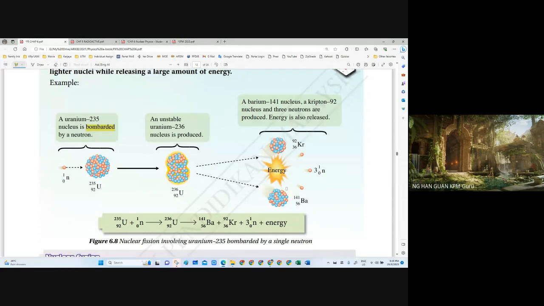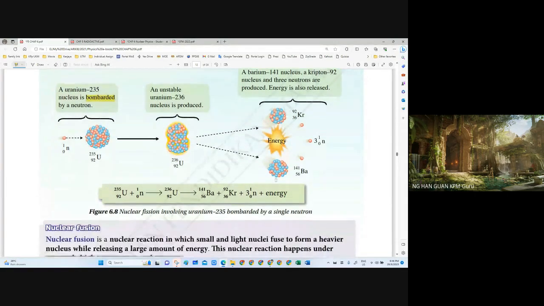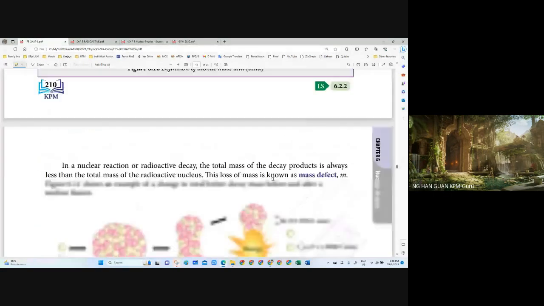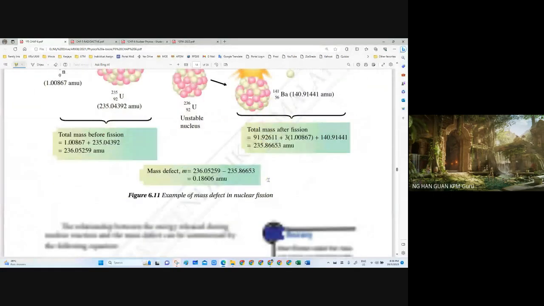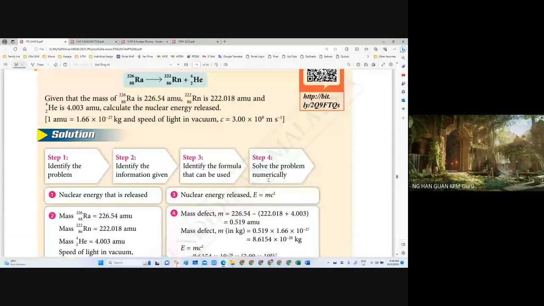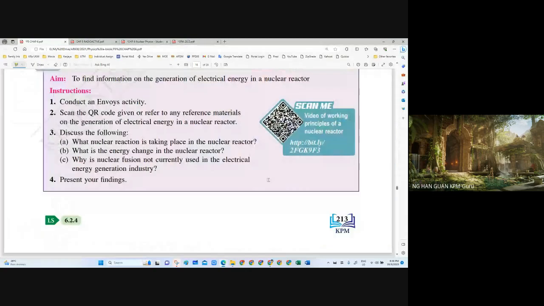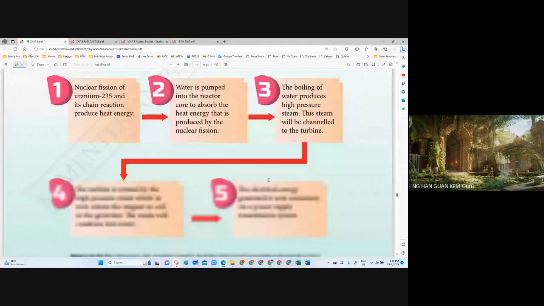These three kids are the three neutrons. Because of this bad experience, these three neutrons also become little trees, then go and continue to bombard. We're talking about the chain reaction here.